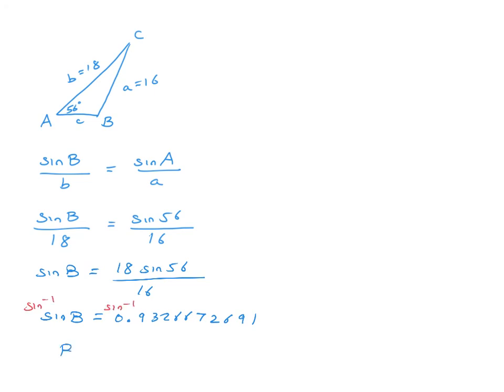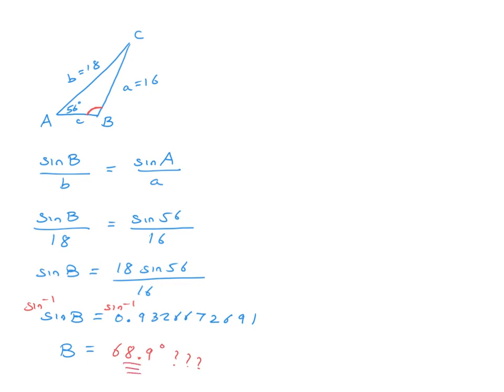It leaves you with B, but if I type this in here, it tells me, if we round again, it's 68.9, but that can't be right. Look at this angle. This angle is more than 90 degrees. So this is wrong.